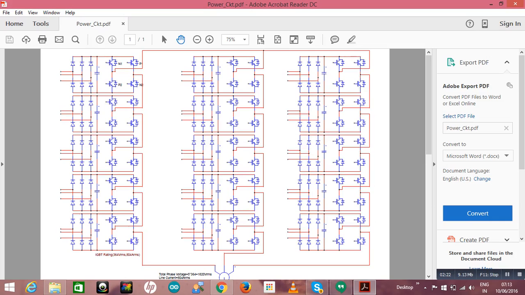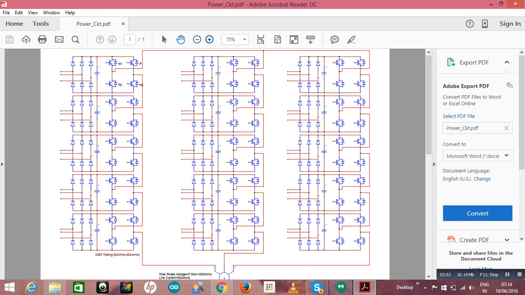This is just to have an idea, but you can reduce the number of cells based on the availability of the IGBTs and their rating. On the diode side there is absolutely no problem, you will get the diodes, but the IGBT rating is limited. Very few manufacturers in the world manufacture them.